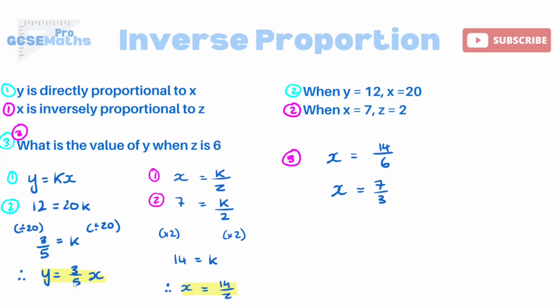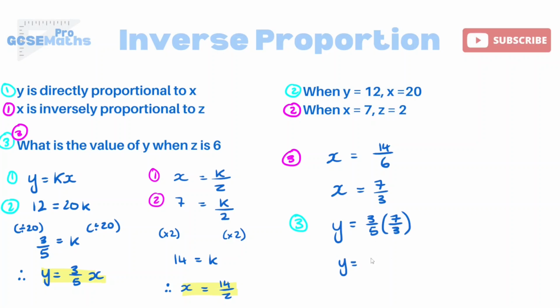Okay. Then how do I use that to find y? Well, if you look at the other formula, y has also got x in it. So now I can take my x value and substitute it back into the first equation. So y equals 3/5 times by x, but we know x is 7 over 3, isn't it? Perfect.